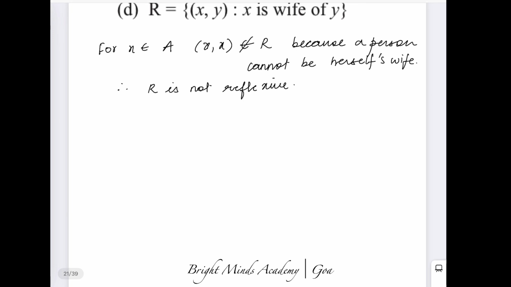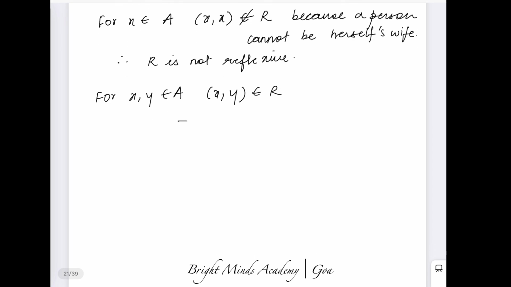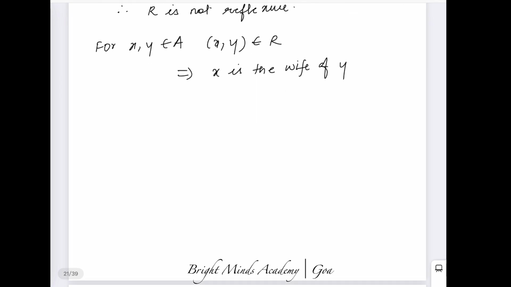Okay. The next thing that we have to prove is symmetric. So we'll say for x comma y belonging to the set A, we say x comma y belongs to the relation R. Now this implies that x is the wife of y. Now definitely if x is the wife, this is X, this is Y, so definitely this is going to be the husband.